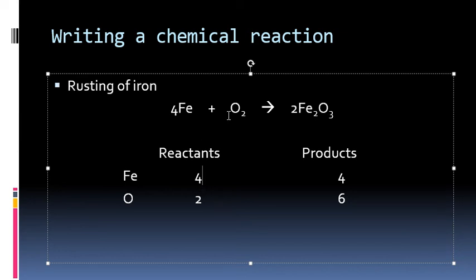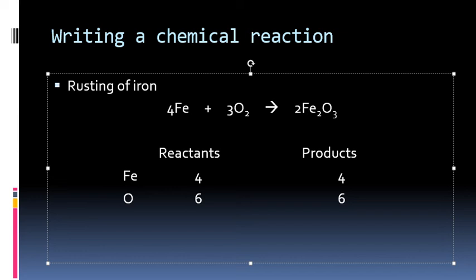Now for oxygen, we're going to need to add a stoichiometric coefficient that essentially adds up to 6 total oxygen. Each time we have a coefficient in front of O2, that's adding 2 oxygen to the left side of the equation. Therefore, what times 2 gives you 6? Well, 3. So 3 times 2 is going to be 6.